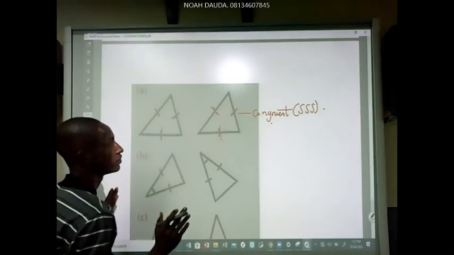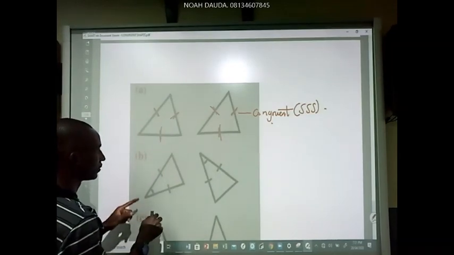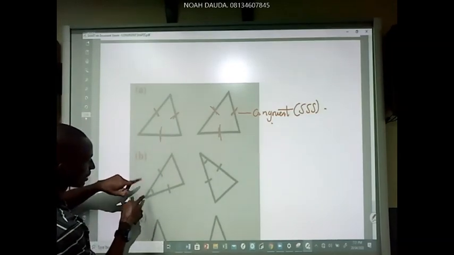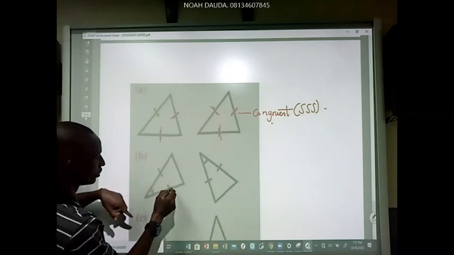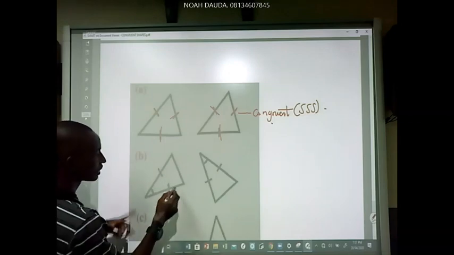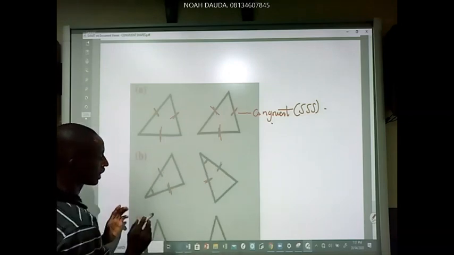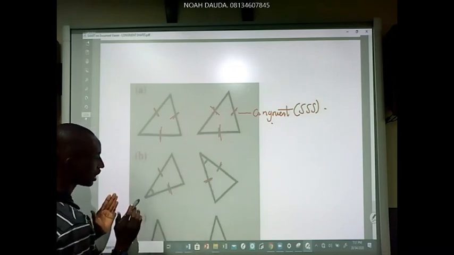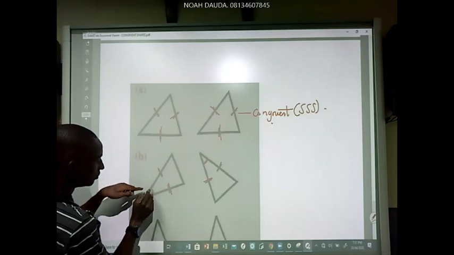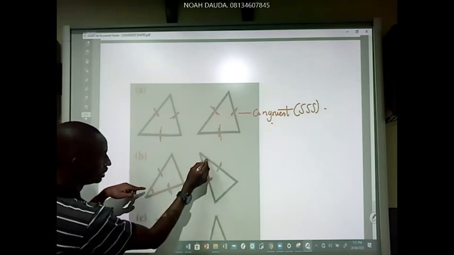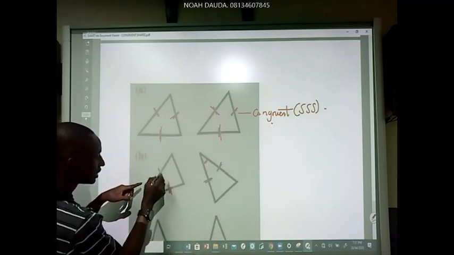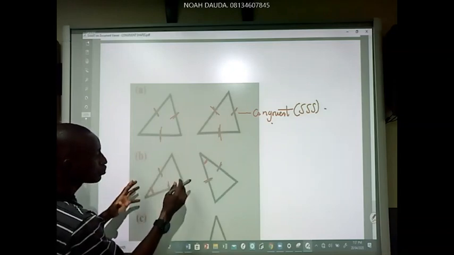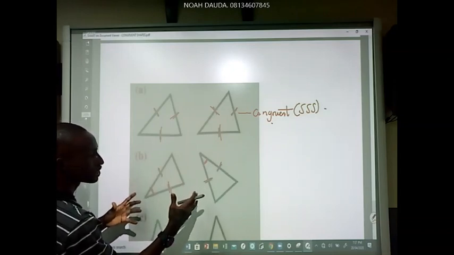And I'm done. Now let's take a look at B. Do not forget that this angle and this angle are the same, this side and this side are the same, this side and this side are the same, and they are having the same common angle. So in all ramifications, are you getting it? We have this angle the same as this angle, this side the same as this side. So it is equivalent to having an isosceles triangle.